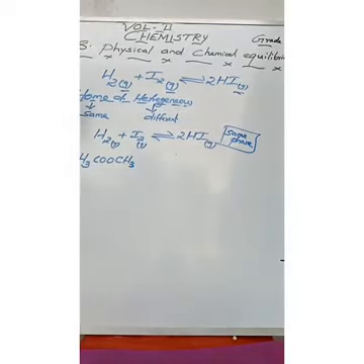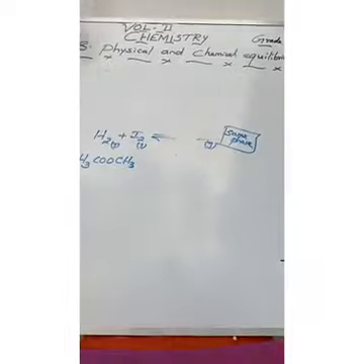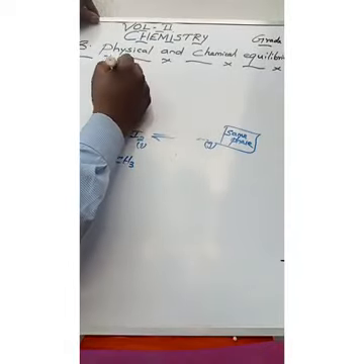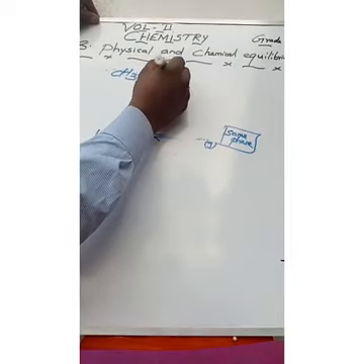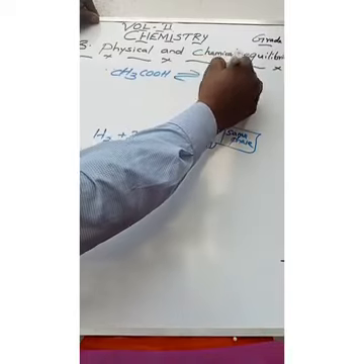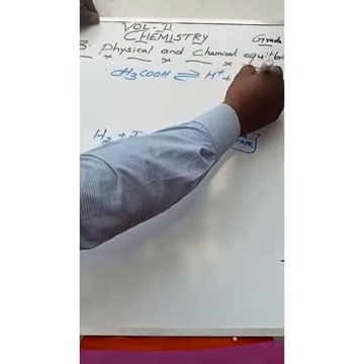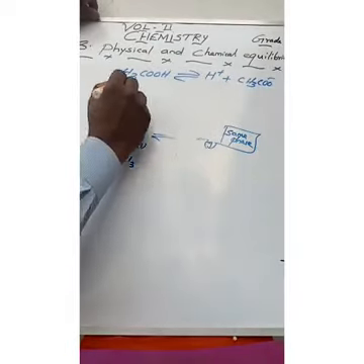How will you write methyl acetate? Start from acetic acid. What is the formula for acetic acid? Acetic acid is CH3COOH. It undergoes dissociation, and we get H plus and acetate, CH3COO minus.